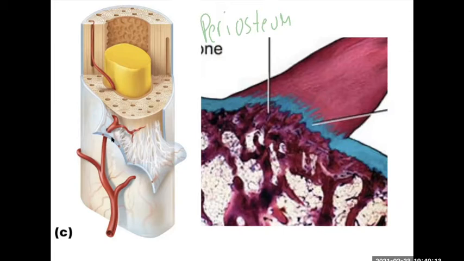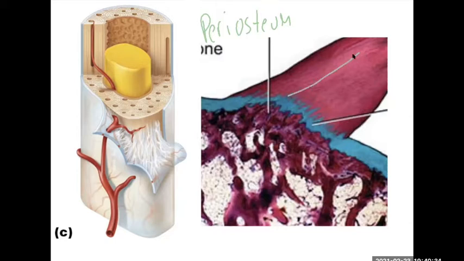And it's doing what connective tissue does, which is provide a route for all these blood vessels that are coming inside the bone. And it also forms attachment points for tendons and ligaments. Remember we talked about that dense, regular connective tissue?